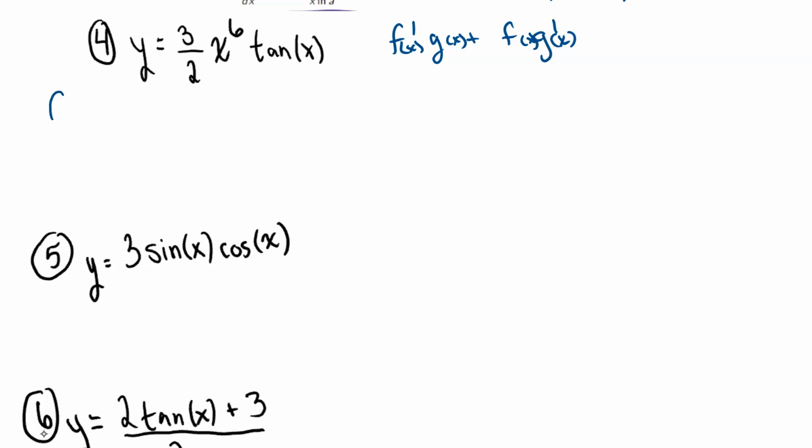All right, so f of x here, 3/2 x to the 6. The derivative of that, 6 times 3/2, x to the 6 minus 1. So that would be 18/2, or 9, x to the 5th.